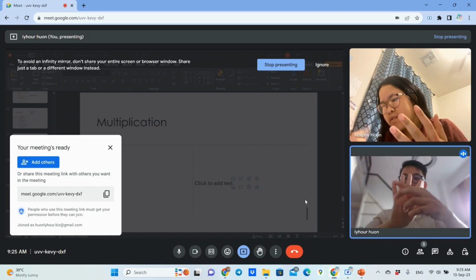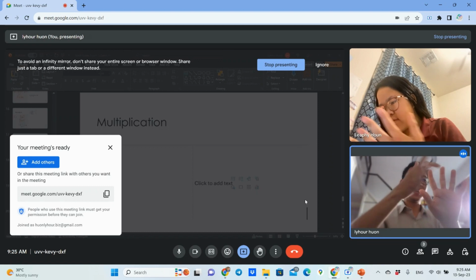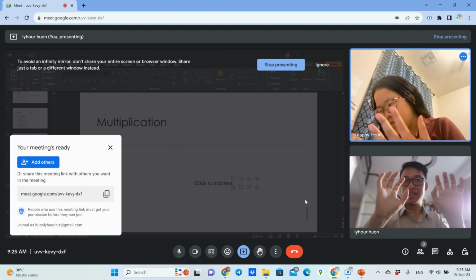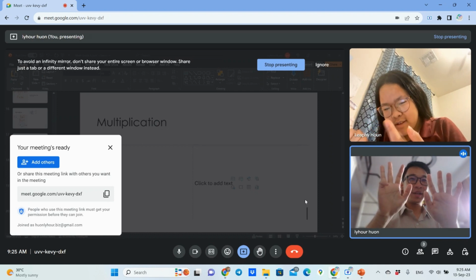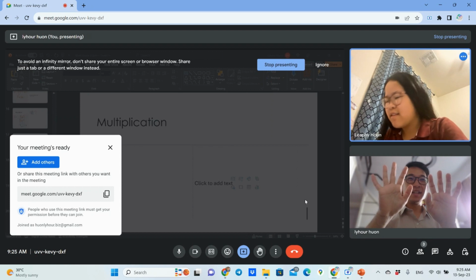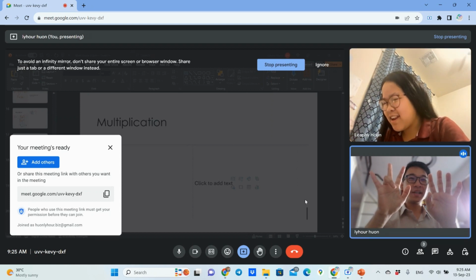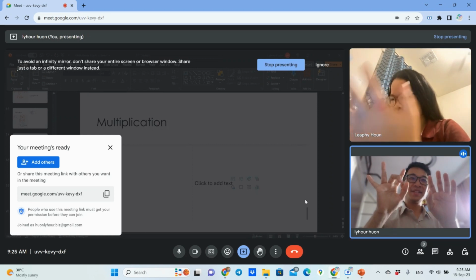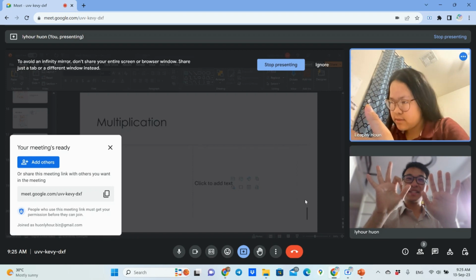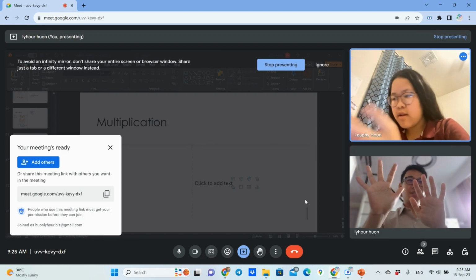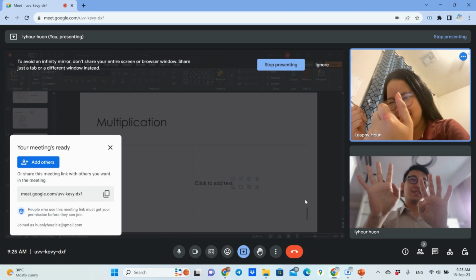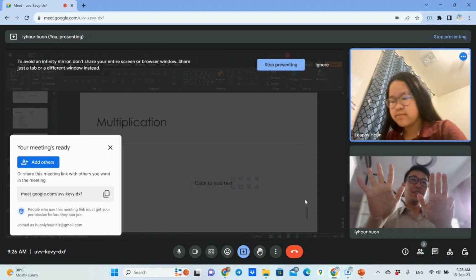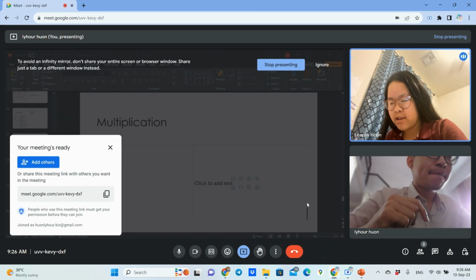Look at your fingers: one, two, three, four, five, six, seven, eight, nine, 10. We have 10 fingers. Nine times one is nine, nine times two is 18, then 27, 36, 45, 54, 63, 72, 81, and then 90. And what happens after that, 99 and 108?